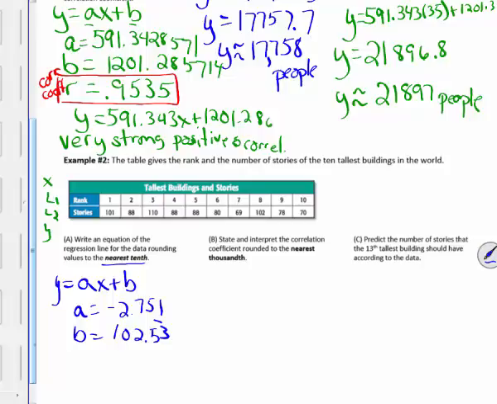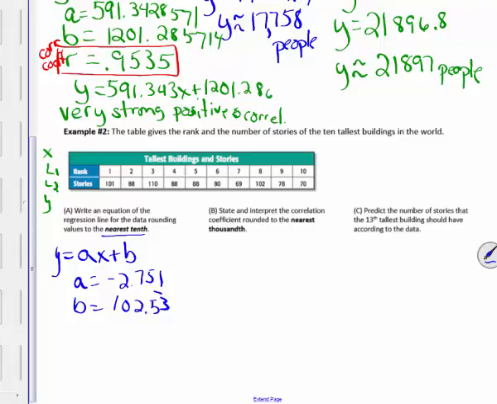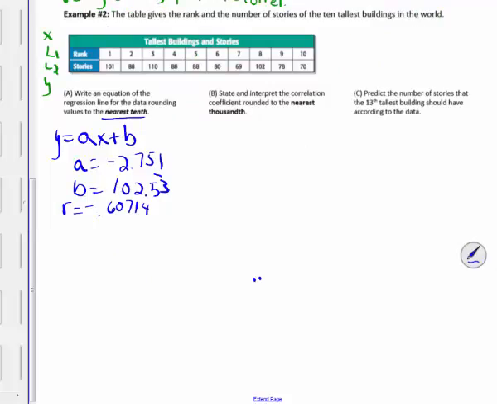And this time, my correlation coefficient is negative because it's a negative slope, negative 0.60714. Well, I still haven't written it as the equation. So the equation, I'm going to put A in where it belongs, to the nearest tenth, so negative 2.8X plus 102.5.